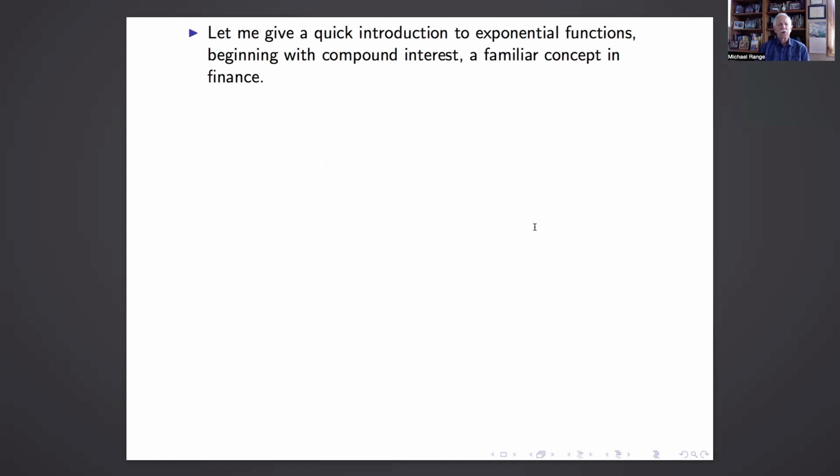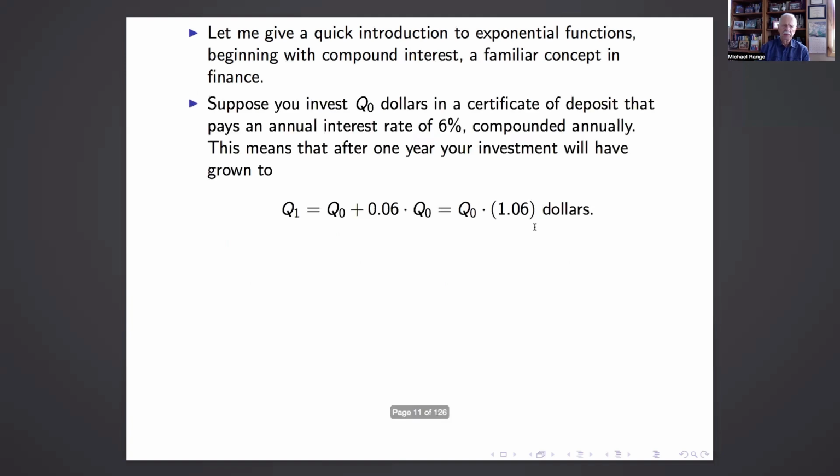Let me give a quick introduction to exponential functions, beginning with compound interest, a familiar concept in finance. Suppose you invest Q sub 0 dollars in a certificate of deposit that pays an annual interest rate of 6%, compounded annually.